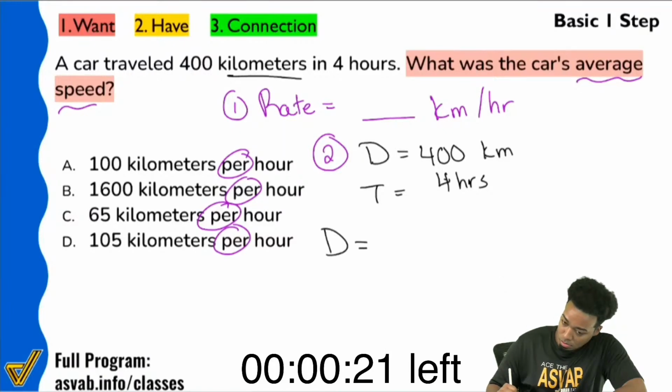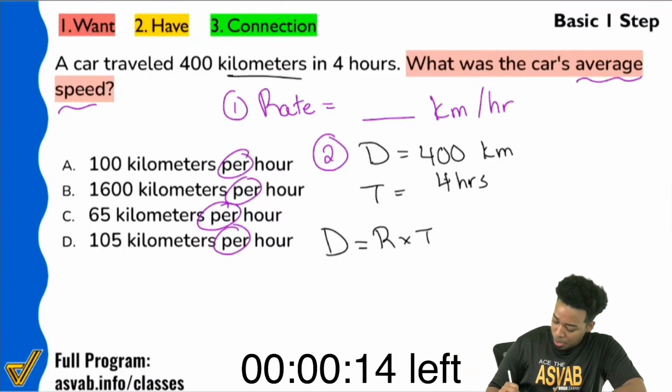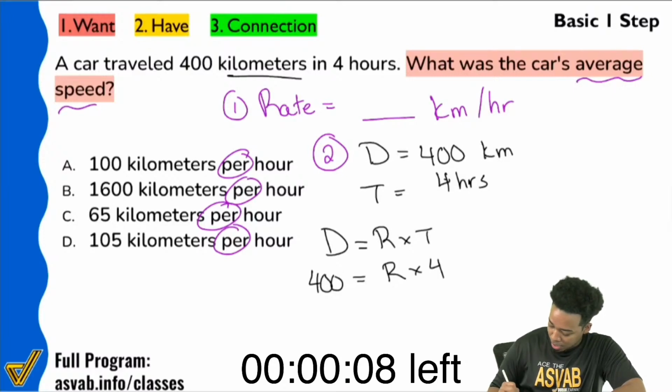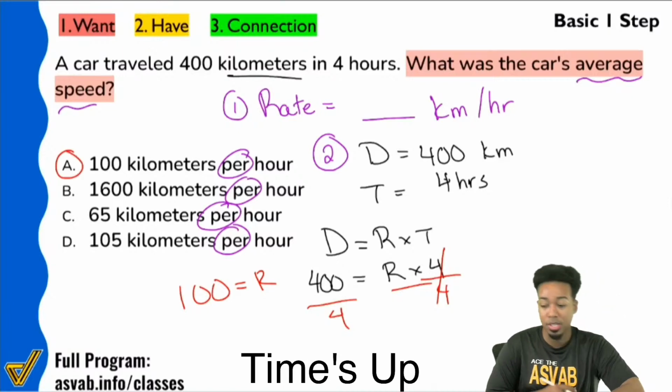Plug in the right things in the right places. And then the last thing I'll do is divide both sides by 4 to get the rate by itself. So by doing that, we have 100 equals the rate. And we have A as the answer.